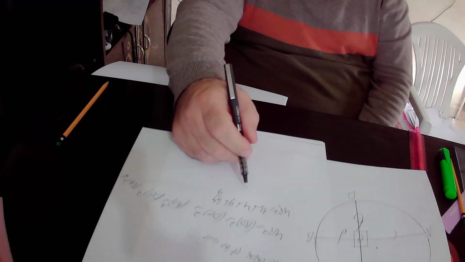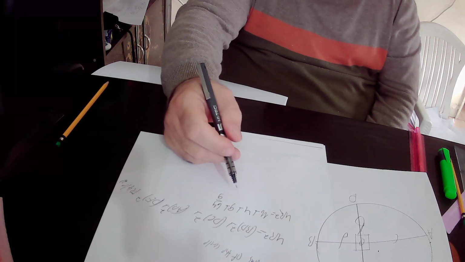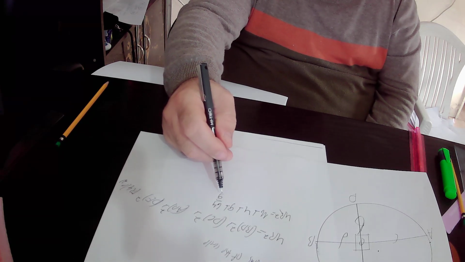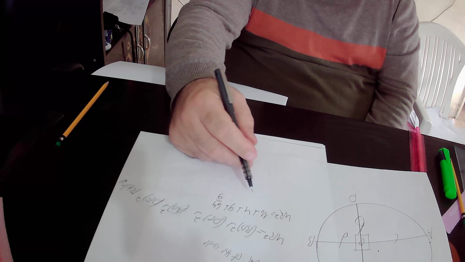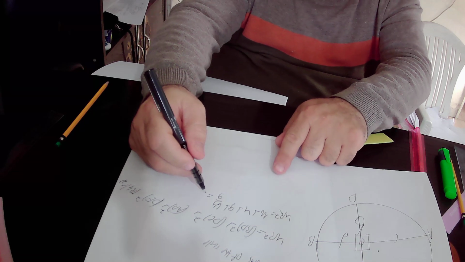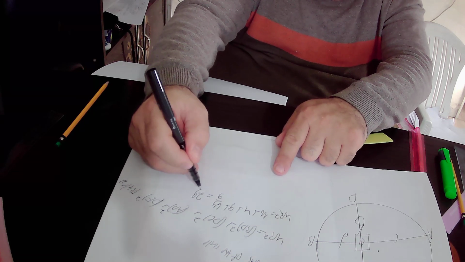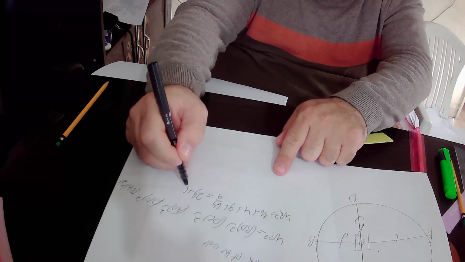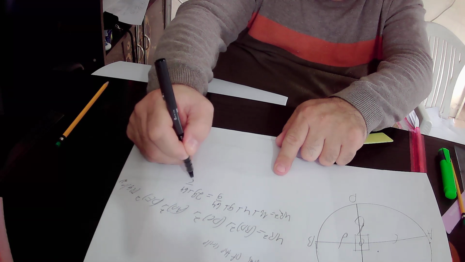16 plus 4 plus 9 plus 64 over 9 equals 4r squared. 16 plus 4 is 20, and 20 plus 9 is 29, so it's 29 plus 64 over 9.